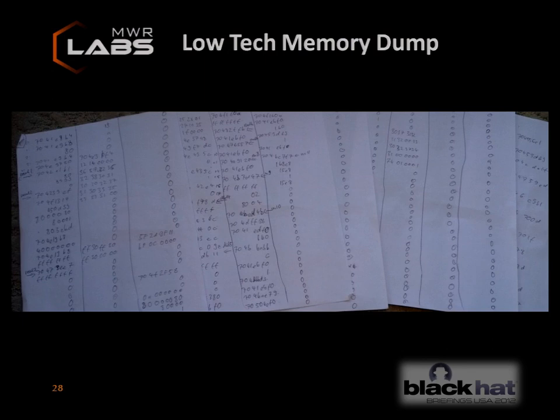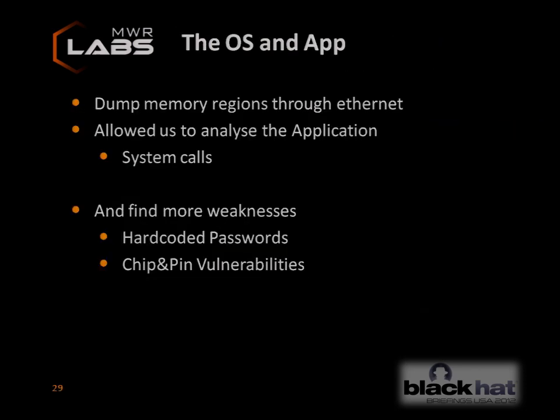That is a partial dump of the stack on the system to give us ideas of where the binaries are located, where the heap is located, and so on, until we had enough information about the system, mostly from manual dumping, to dump arbitrary memory regions back to us through the Ethernet connection, through the TCP connection that already existed, because that's what we used to trigger the fault.